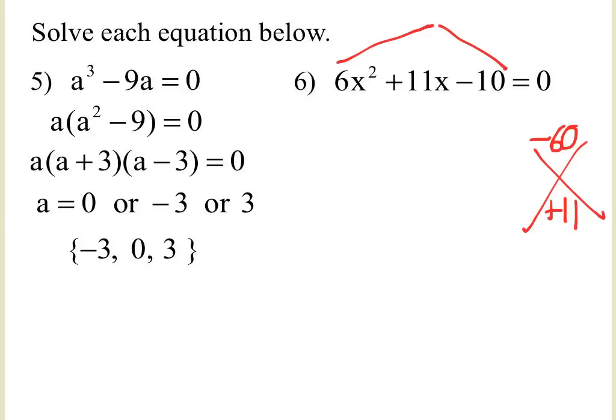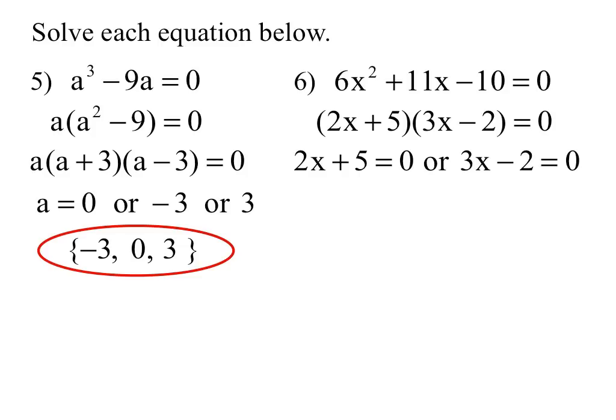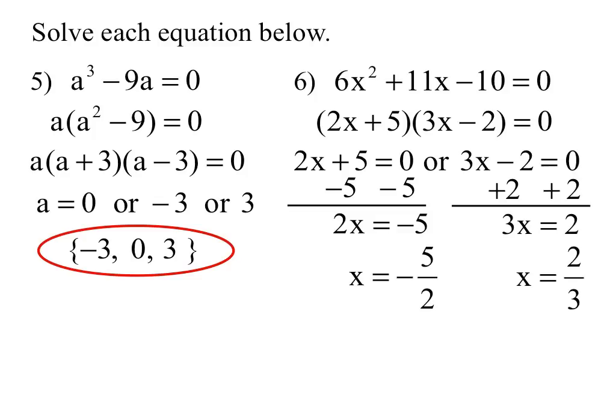So you got to start going through your factors of 60. And you should end up with 2x plus 5 equals 0, or 3x minus 2. Got to get the x alone. You should end up with 2 fractions.